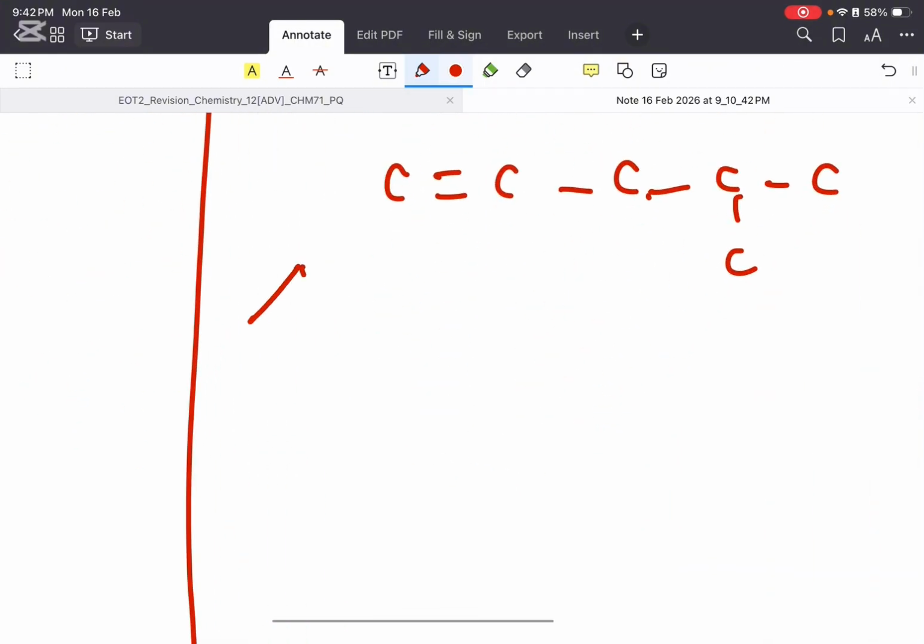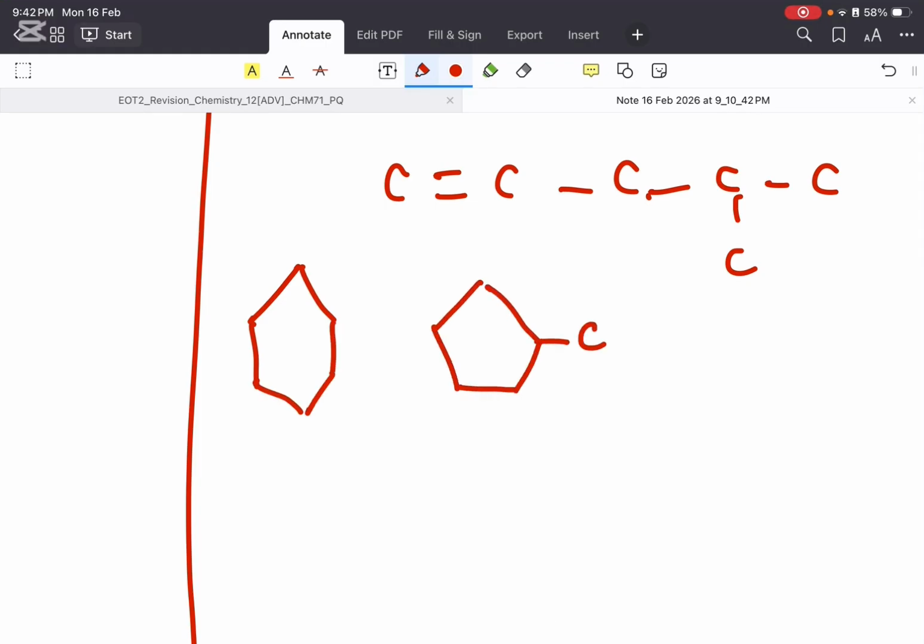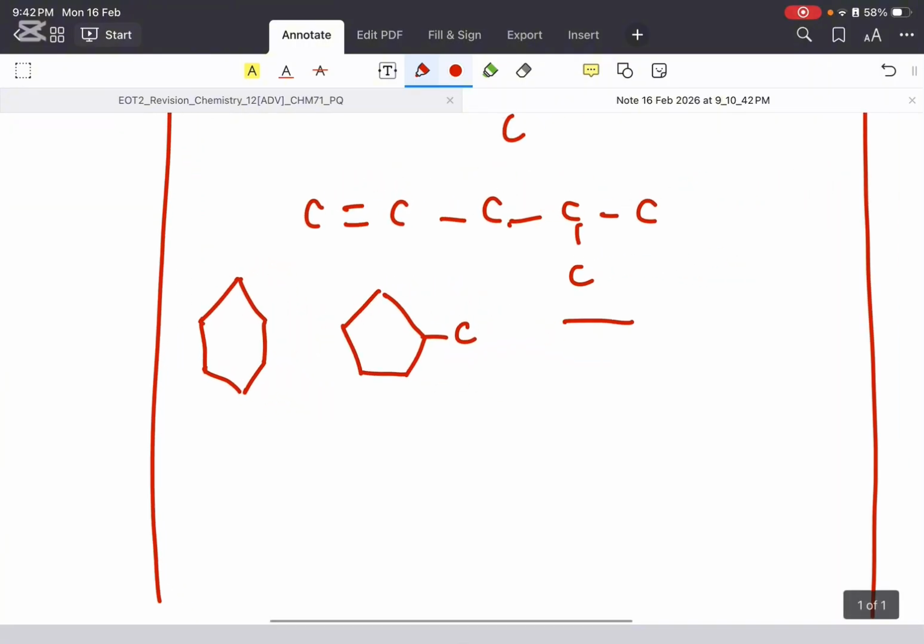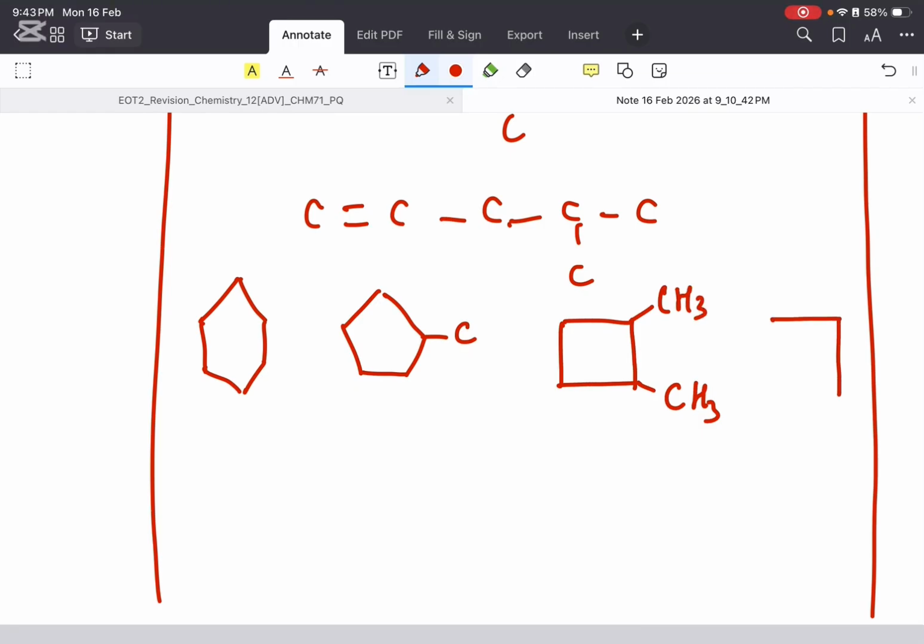You can think about cyclohexane, or a cyclopentane with 1 carbon branch, or a cyclobutane with 2 CH3 branches, or maybe a cyclobutane with CH3 groups separated by 1 carbon. So many options.